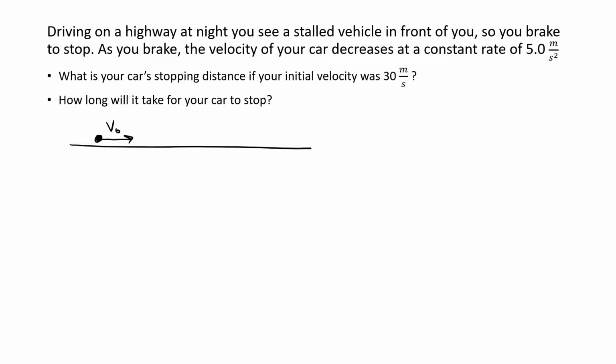So we have an initial velocity going that way. What is the final velocity? So they don't give us any other numbers. We have initial, and we have that 5.